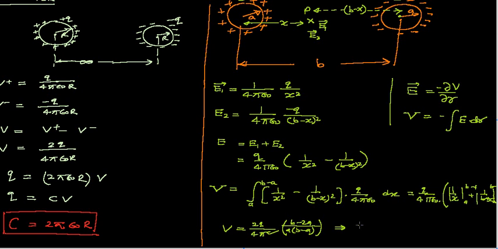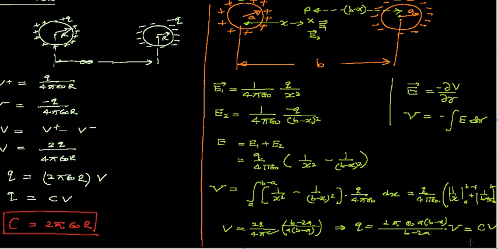Similarly, Q will be equal to 2 pi epsilon naught a into b minus a divided by b minus 2a, into V, and we know Q is equal to CV.